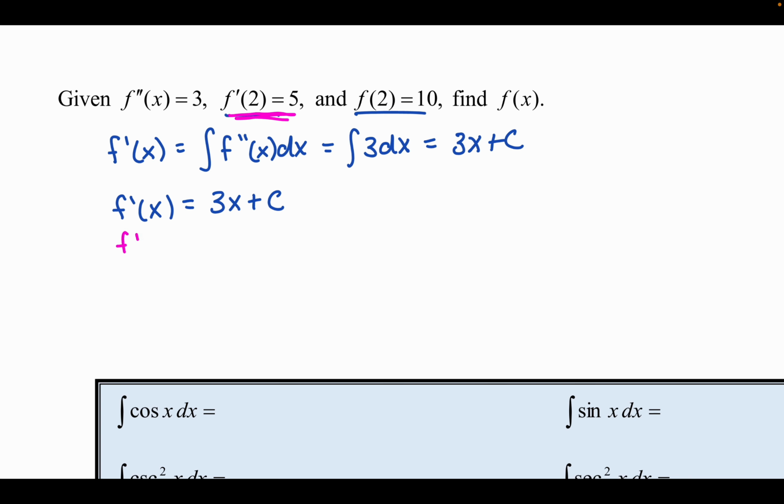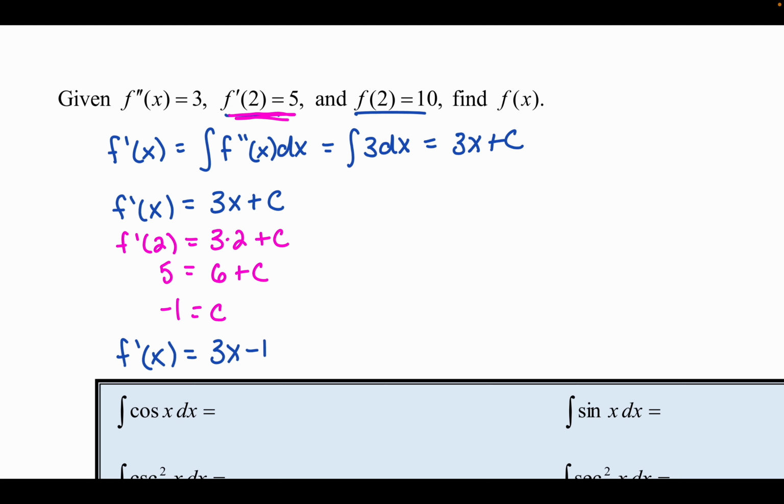So if I plug in 2 to this function, I know that that equals 5. So 5 equals 6 plus c, so c here is going to equal negative 1. So that tells me that f prime of x equals 3x minus 1.